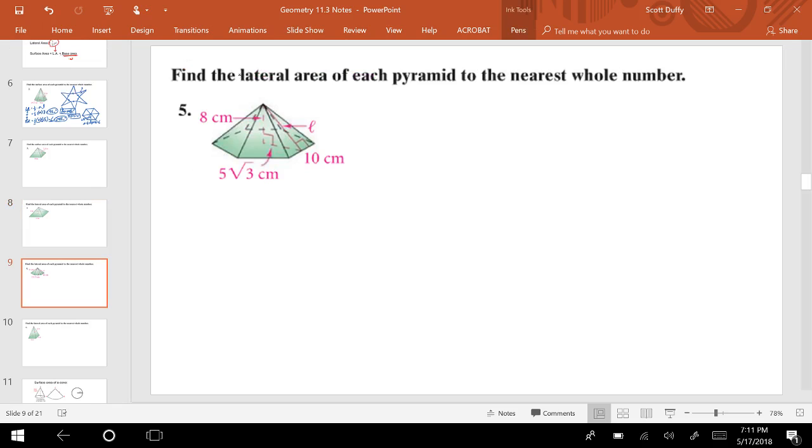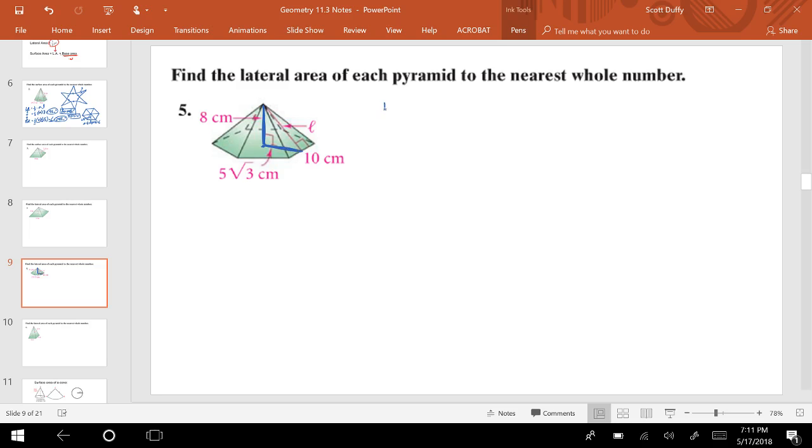So what we see is that the actual height of this pyramid is 8. And the distance from the very center of the base to the midpoint of one of the base edges is a length of 5 times the square root of 3.